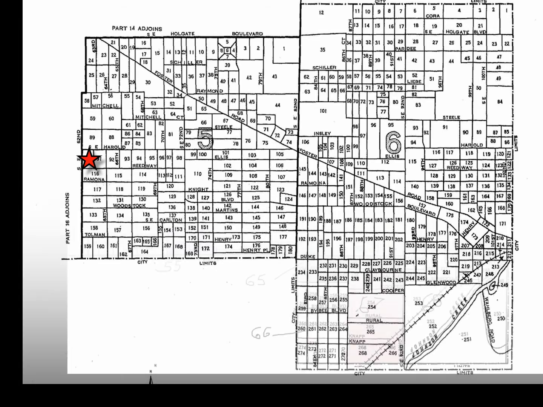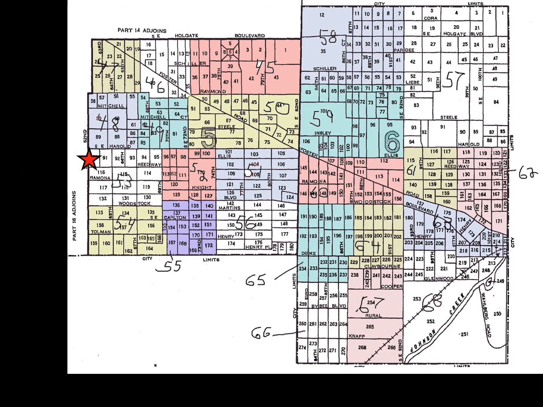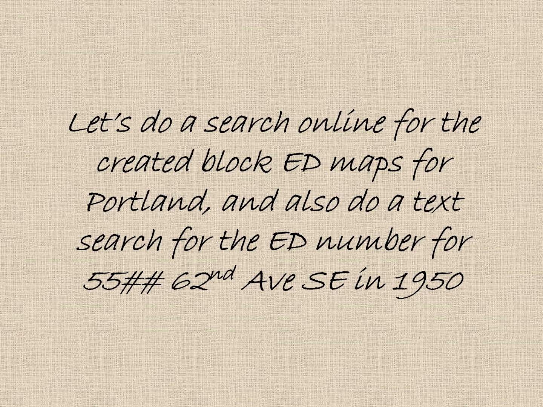Remember, these are 1950 maps, and after I got through with it, I created a map that looks like this. Remember that we need to add the prefix for Portland to it. So given that, let's do a search online for where these created block ED maps are for Portland, and also do a text search for the ED number for 55 odd number 62nd Avenue Southeast in 1950.